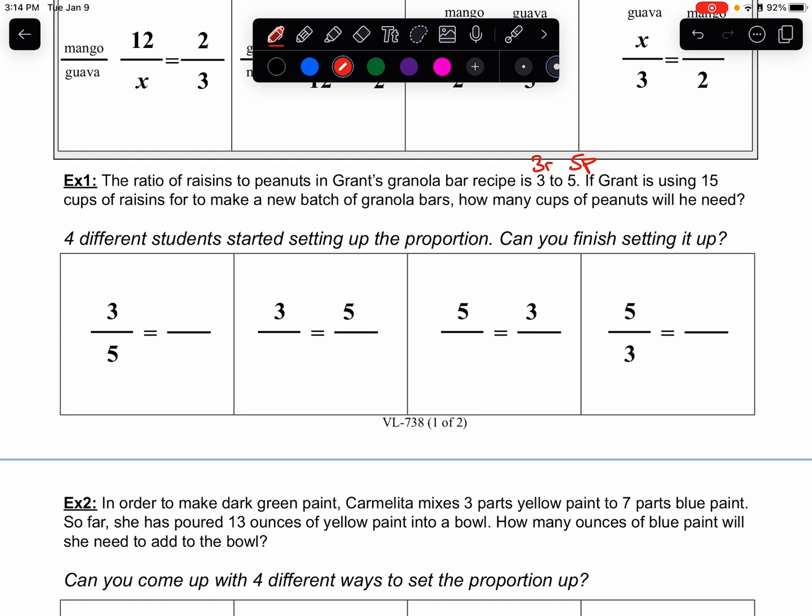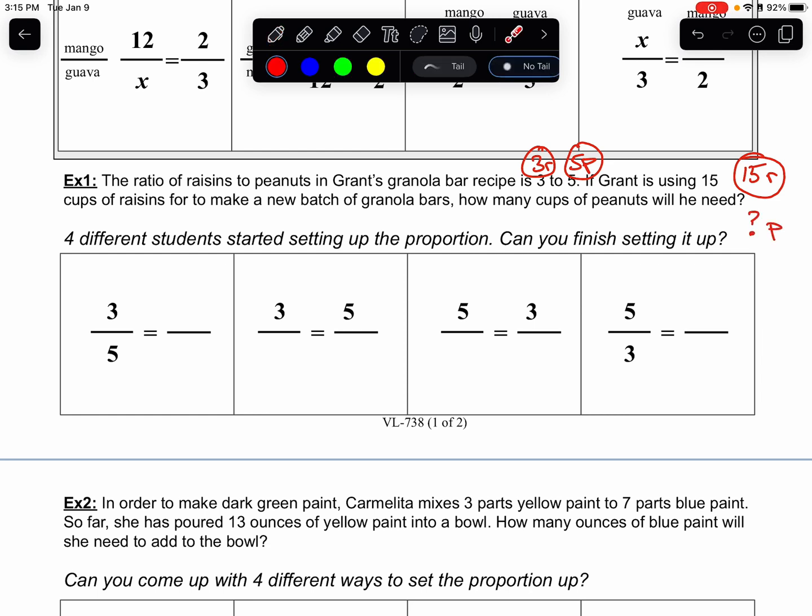If Grant is using 15 cups of raisins to make a new batch of granola bars, how many cups of peanuts will he need? So he's going to use 15 cups of raisins. So we have 3 raisins, 5 peanuts, and 15 raisins. How many cups of peanuts? I'm going to put a question mark. How many cups of peanuts is he going to need?